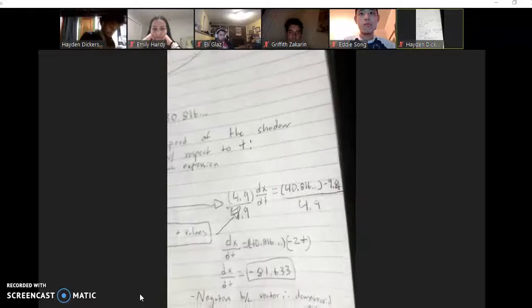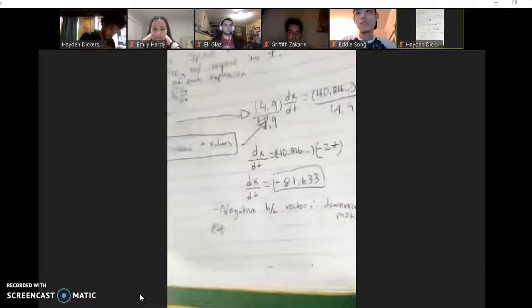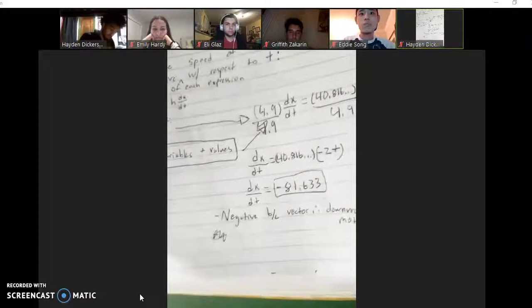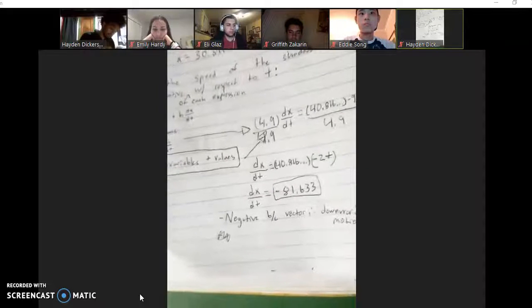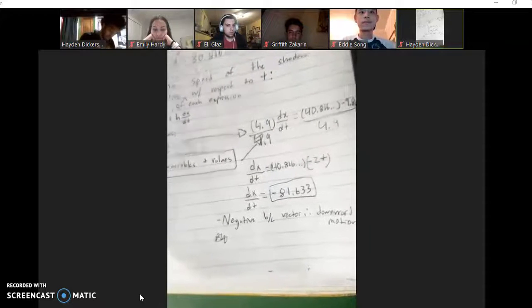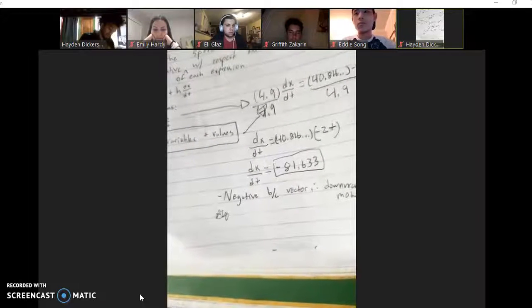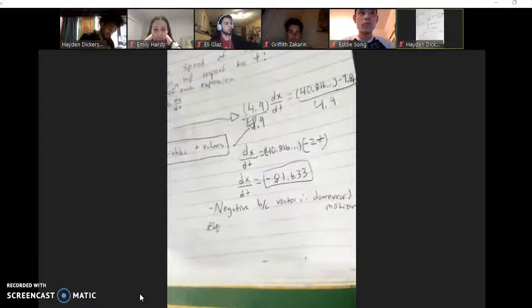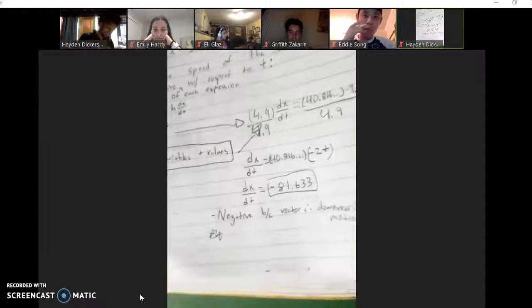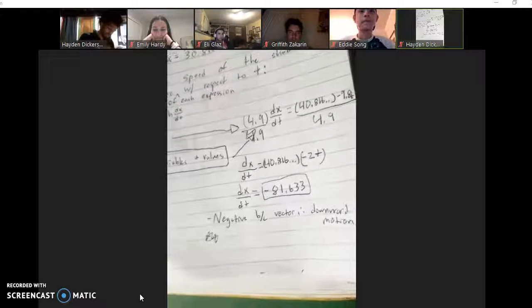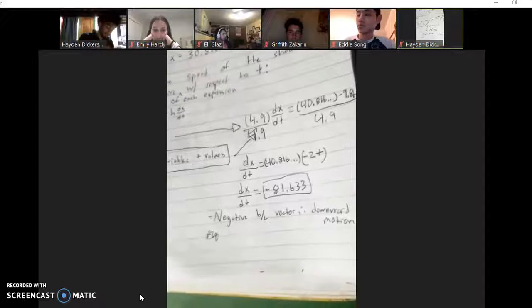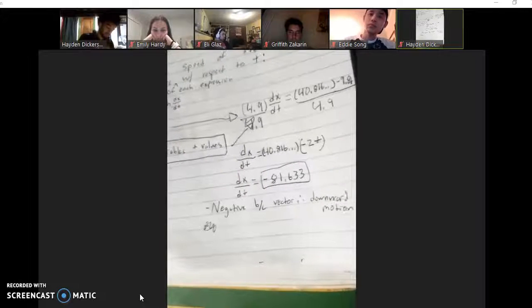Divide both sides by 4.9 to isolate dx/dt, and then it's 40.816, etc., times negative 2t. Then you combine those terms and you get an answer of about negative 81.633 meters per second, and this is a downward vector, so that's why it's negative.